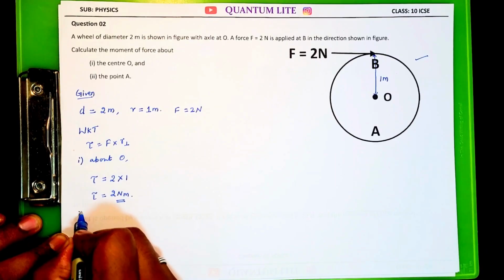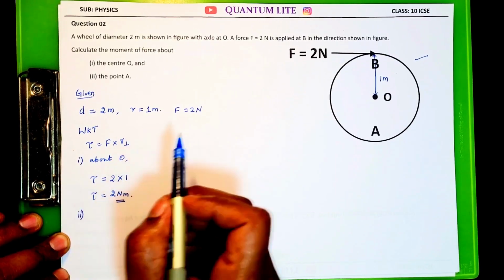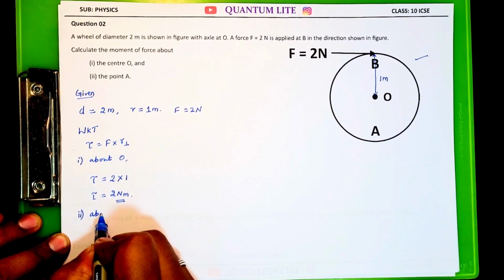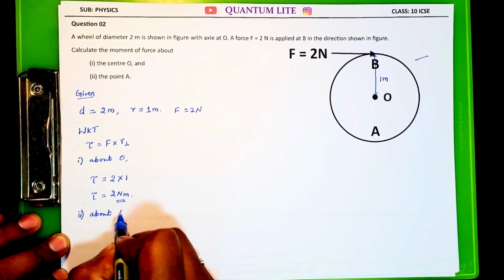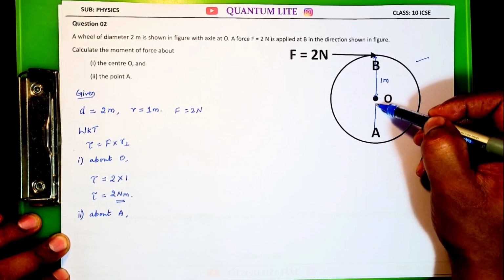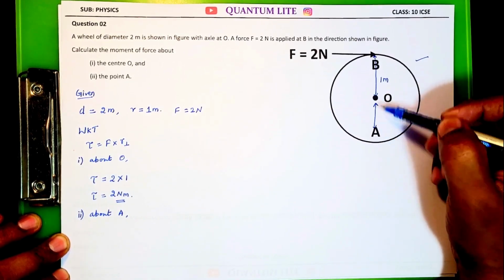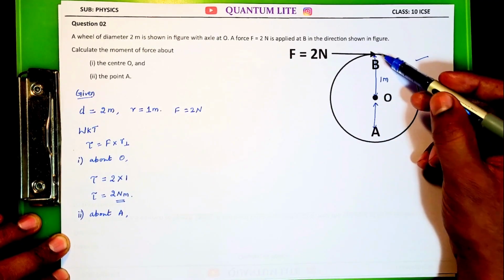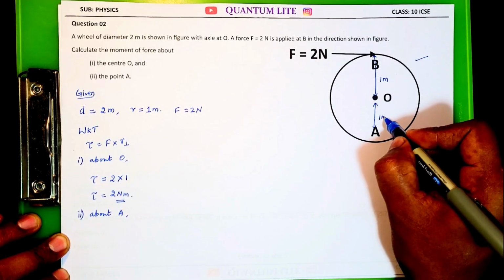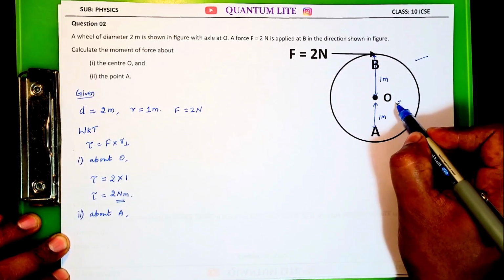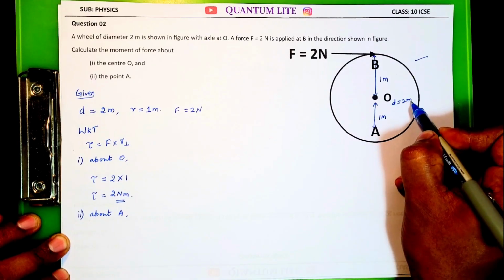Then the second one is the moment of force about point A. About point A, that means from A to B, the radius is again 1 meter plus 1 meter, so the total diameter D is equal to 2 meter.